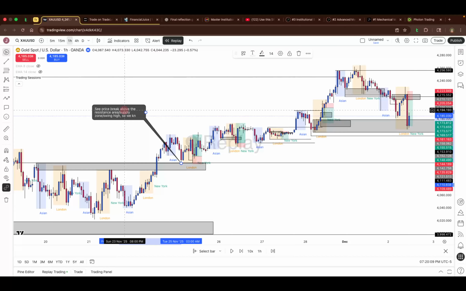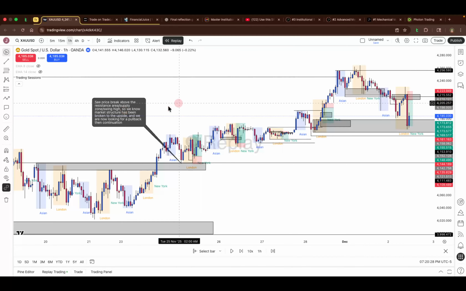So, market structure has been broken to the upside. We are now looking for a pullback, then continuation. So that's what we're looking for.